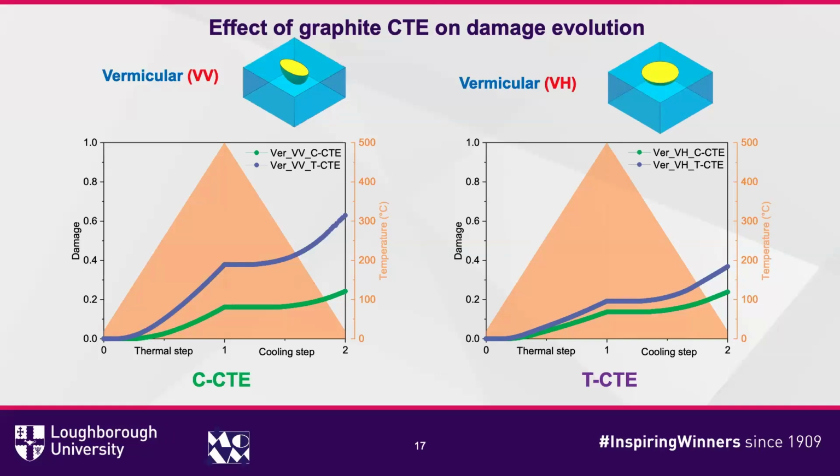However, because of the lower coefficient in the graphite, it gives a larger mismatch between the graphite and matrix. So the purple line is larger than the green line, and in both the heating step and the cooling step, we can also observe the damage accumulation.